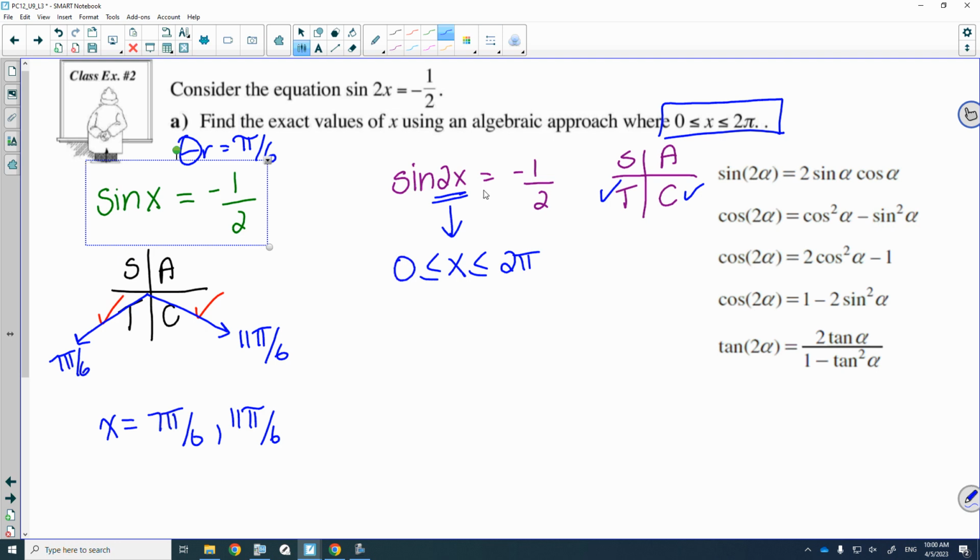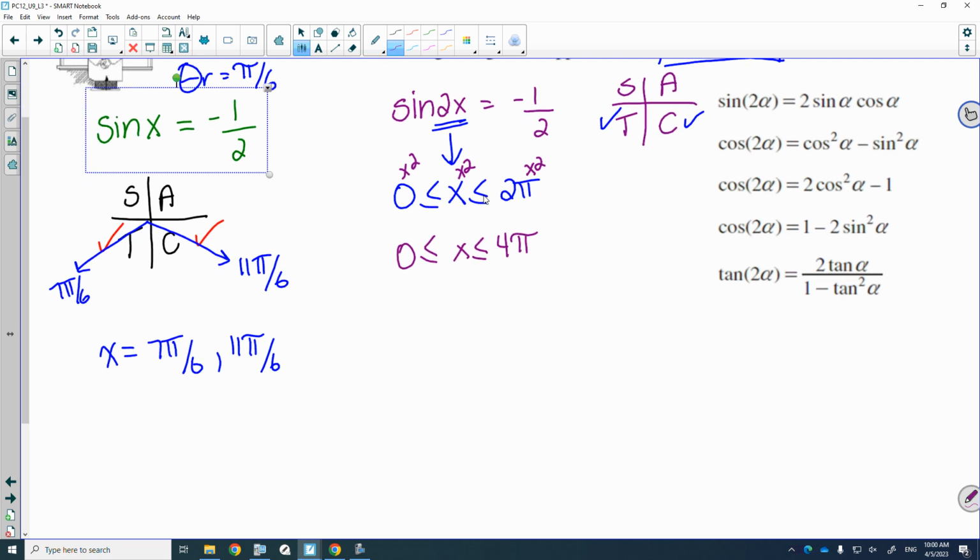And if I want to reflect it to have a double angle, I multiply this by 2, this by 2, and this by 2. So my new domain is from 0 to 4 pi, which essentially means I need to give solutions twice around the circle. So you doubled the domain, we're now going twice around the circle.